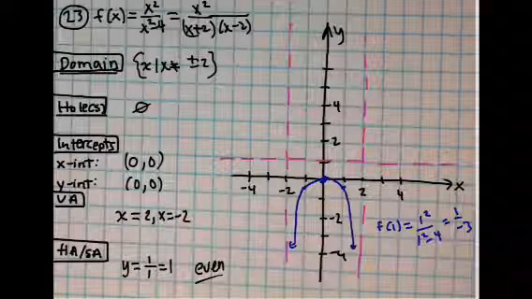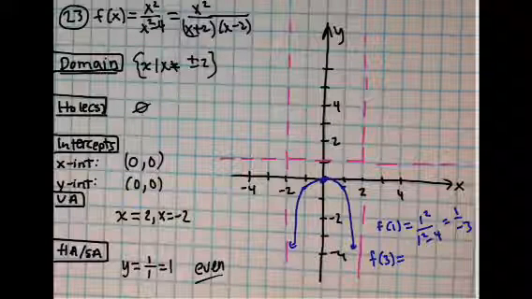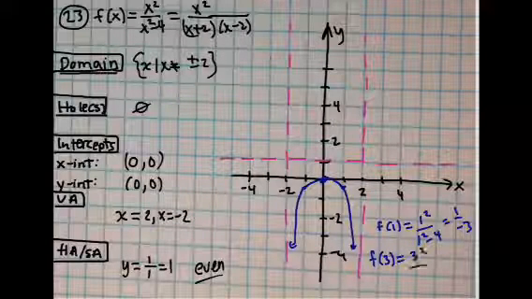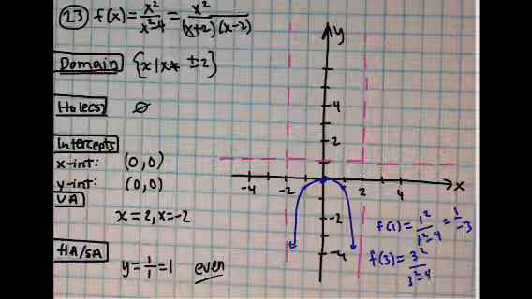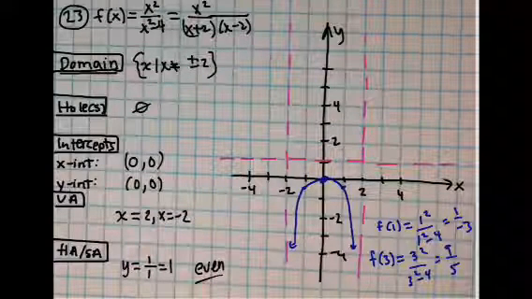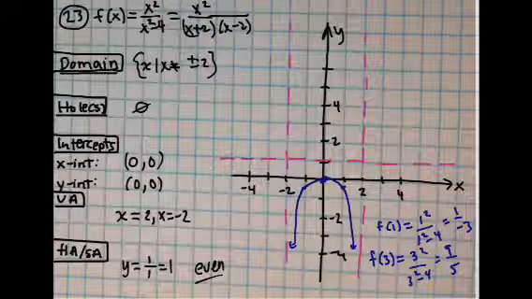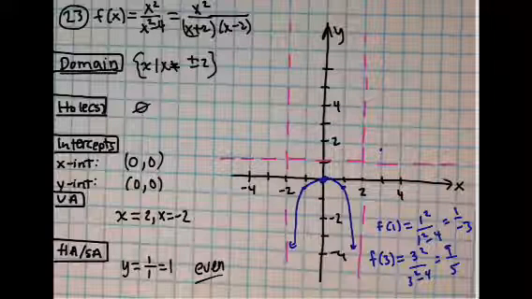I'm going to plug in f of 3. So f of 3 is going to give me 3 squared over 3 squared minus 4, so that's 9 over 5, right? Because 9 minus 4 is 5. So that's 1 4/5. So that's about here.